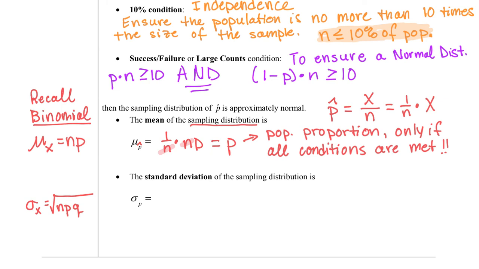I'm going to go a little bit faster for the standard deviation because you really don't need to understand all of this math, but I'm showing you where this is coming from. So the standard deviation is going to have the same multiplier applied to it. It gets a little bit trickier here because what I need to do is I need to be able to take this n and put it inside my square root here.